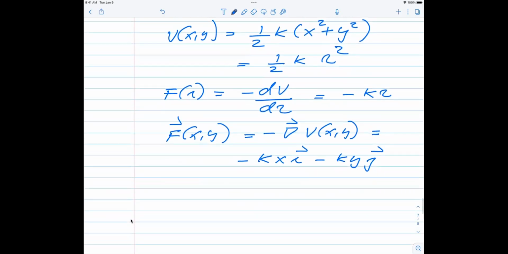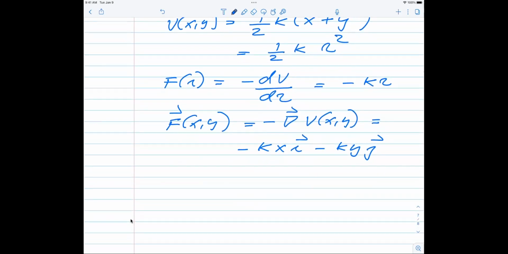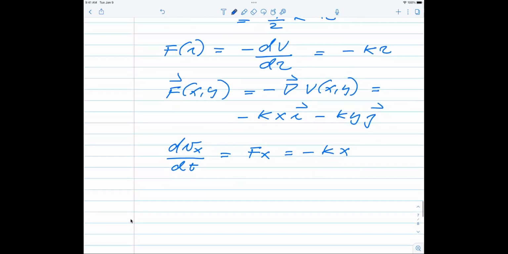Then, when we look at the differential equations, what we are interested in is mu dv_x dt, and that is given by the force in the x direction, which in our case is nothing but minus k times x. I have mu dv_y dt, and that's the force in the y direction, multiplied with the mass mu.